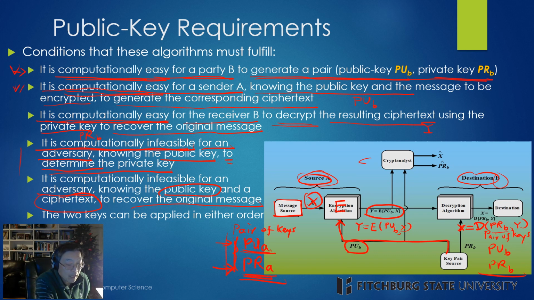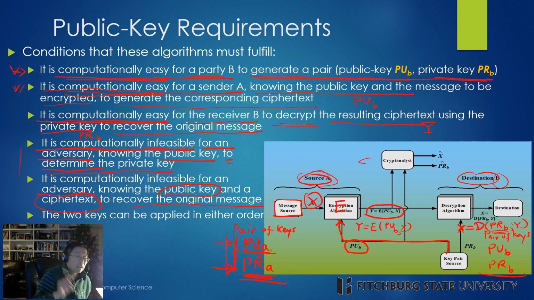So using the private key and the decryption algorithm, it should be easy to decrypt the message and restore X. Now, if they don't know the private key, it should be not impossible, but computationally infeasible to do so.